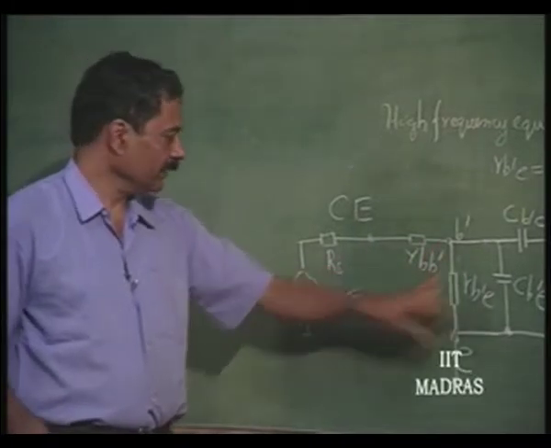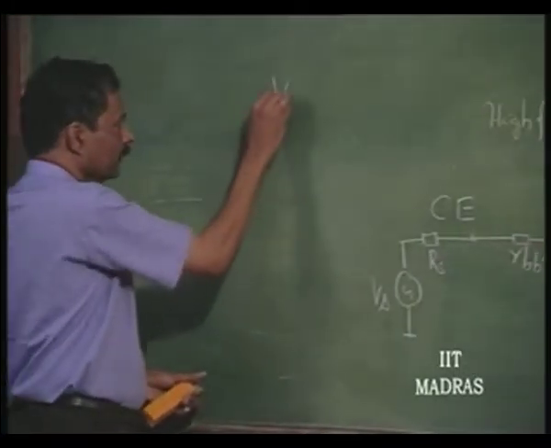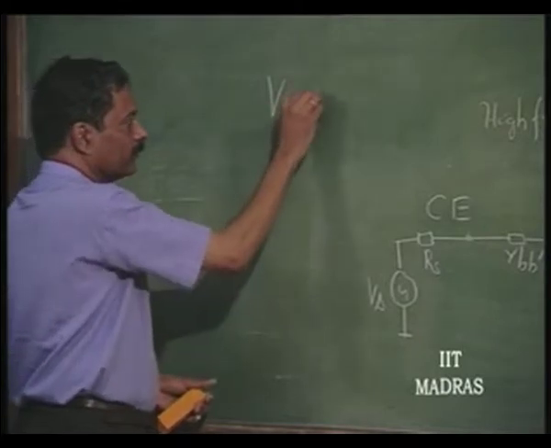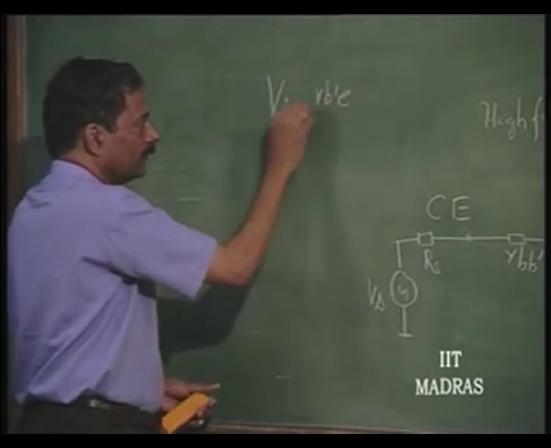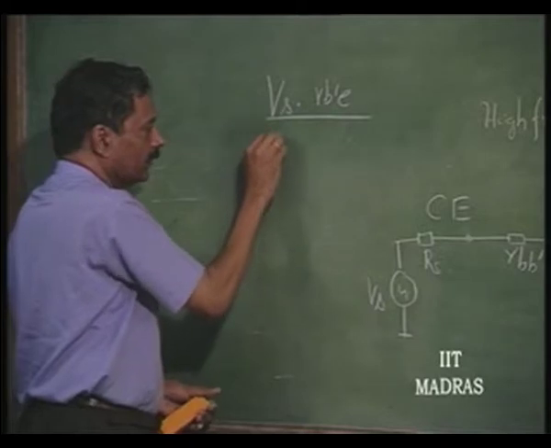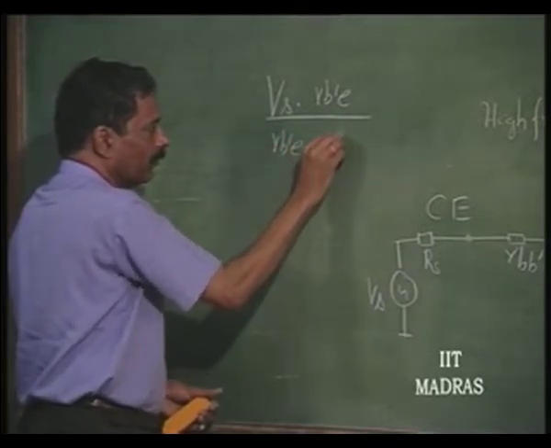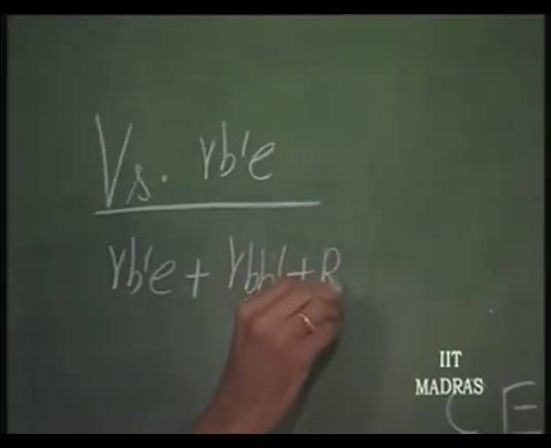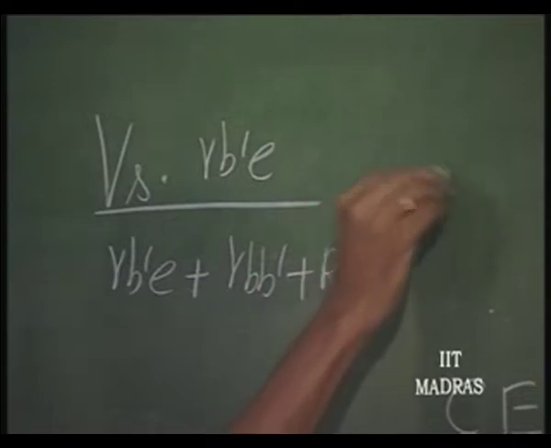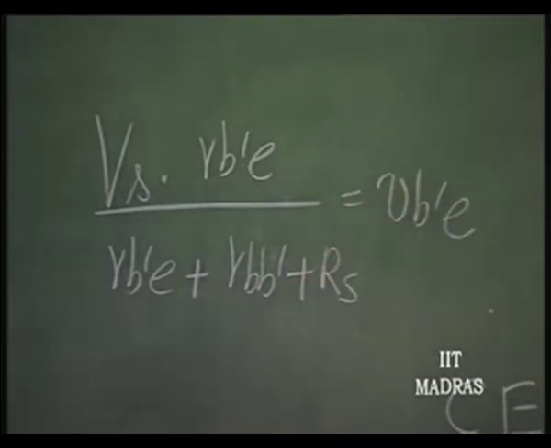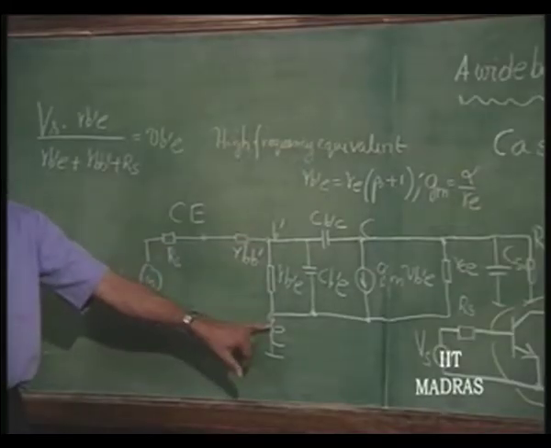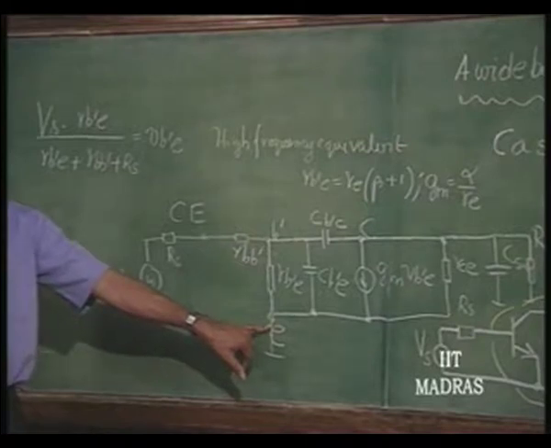So, when the voltage comes here, Vs into RB dash E divided by RB dash E plus RBB dash plus RS is nothing but VB dash E, the VB dash E voltage here, okay, at low frequencies.